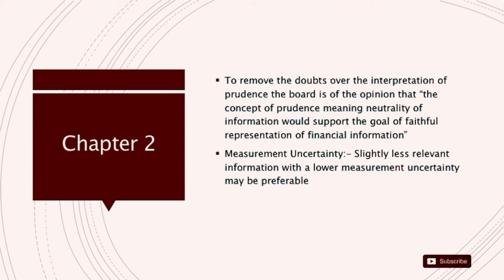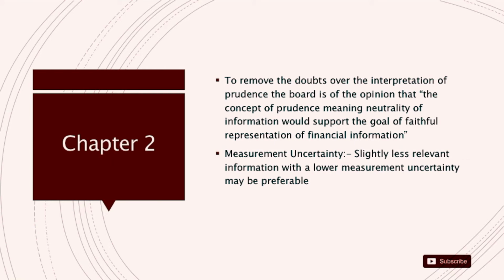But measuring that amount comes with a very high level of uncertainty, which may reduce the usefulness of the information. Hence, slightly less relevant information with a lower measurement uncertainty may be preferable over relevant information which has a very high level of uncertainty.